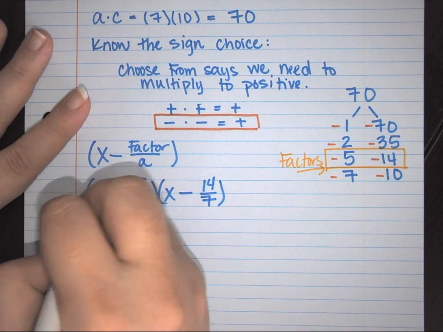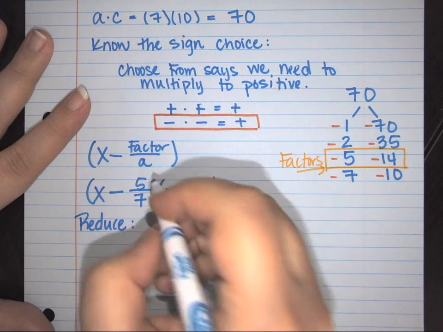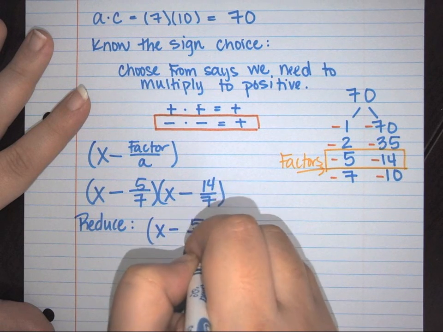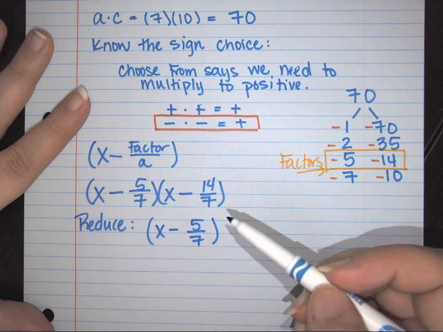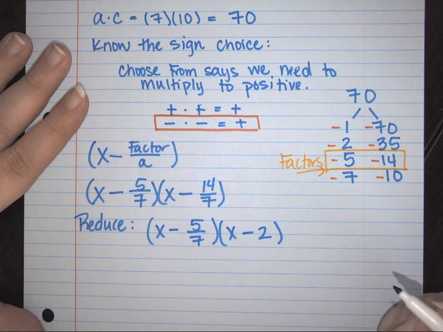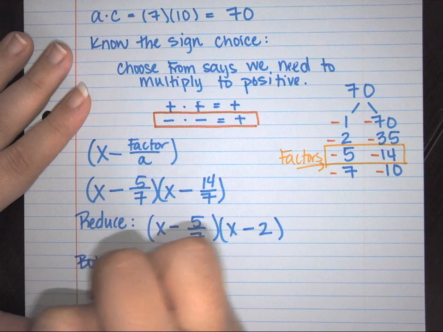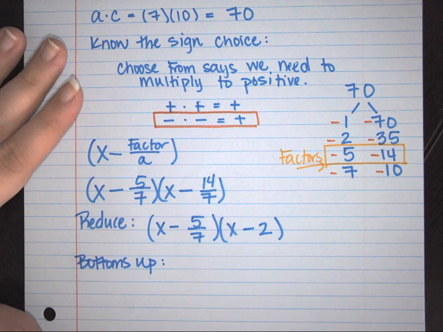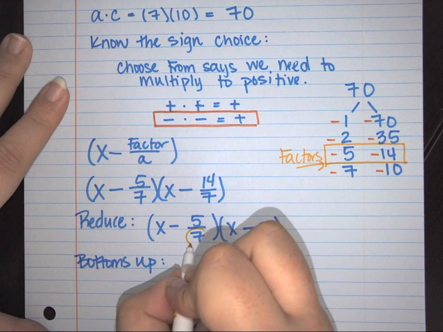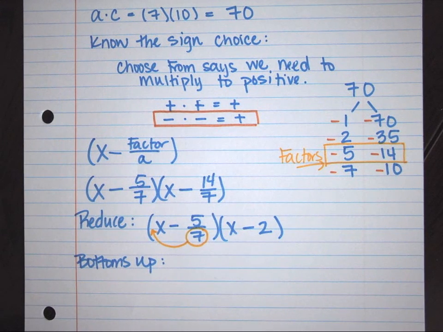The next step is we have to reduce the fractions. In my first one, this is still going to be x minus 5 over 7. But my second fraction will reduce down: 14 over 7 becomes 2, so this is x minus 2. And the last thing we have to do is bottoms up, which says you take whatever is left in your denominator and bottoms it up to become the coefficient of your x.